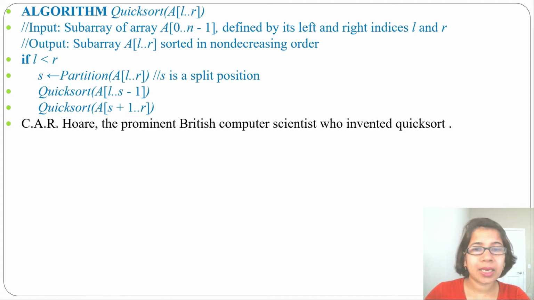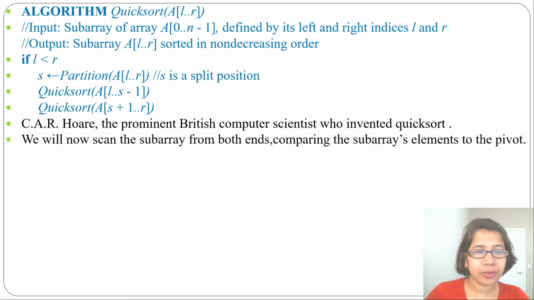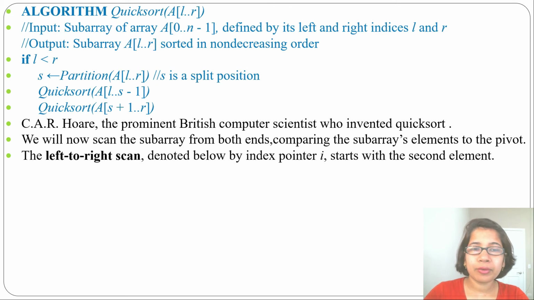So what exactly are we doing in the partition algorithm? We'll scan the subarray from both ends, from left to right and also from right to left. So what are we doing in the left to right scan? We'll take one index pointer I, which will start from the second element.